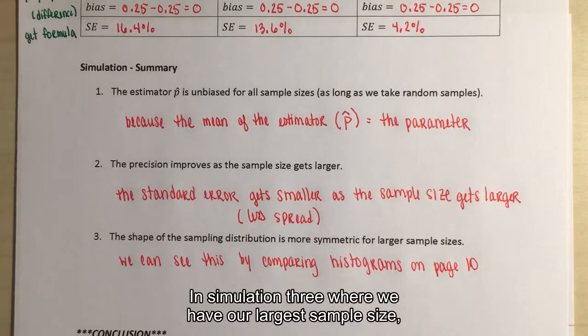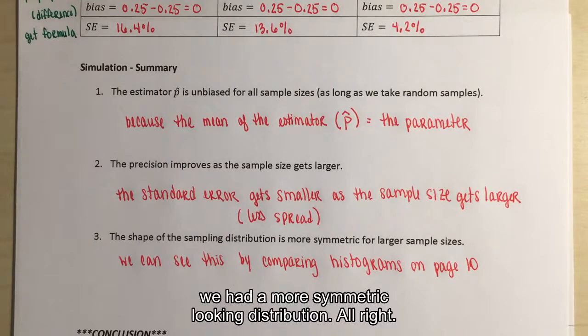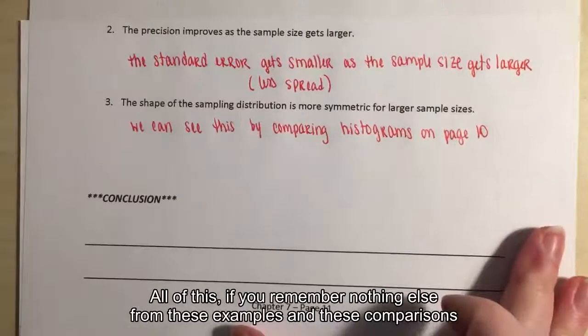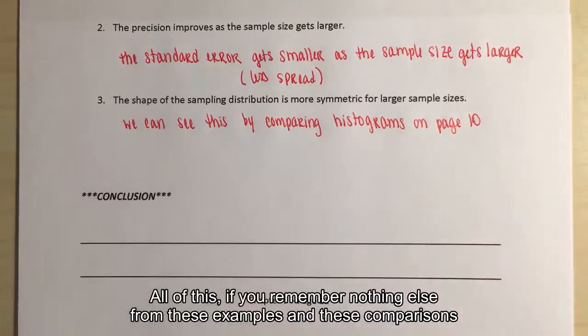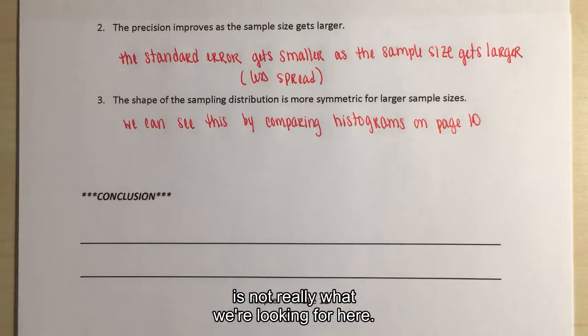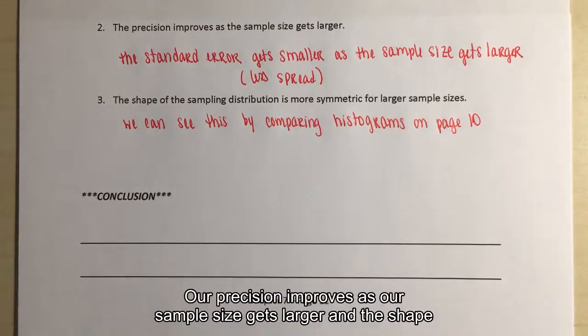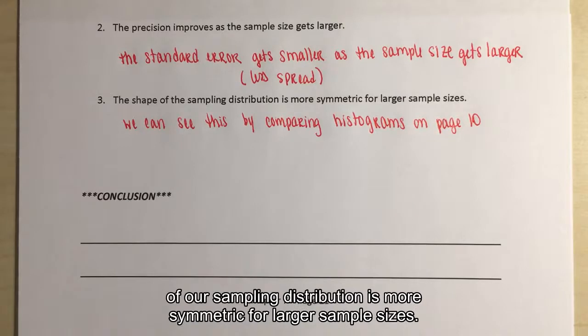In simulation 3, where we have our largest sample size, we had a more symmetric looking distribution. If you remember nothing else from these examples and comparisons of these simulations, the actual details for each one are not really what we're looking for here. What we're looking for is what we're seeing in this summary: it's unbiased, our precision improves as our sample size gets larger, and the shape of our sampling distribution is more symmetric for larger sample sizes.